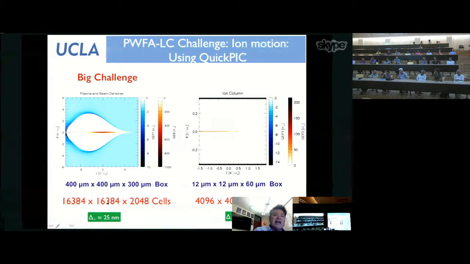Even that wasn't enough because the matched spot size of this trailing beam is 1,000 times smaller than the radius. So we then did simulations where we zeroed in on here. This is a cartoon of that. We blow up this region and we only simulate near where the beam is. This here illustrates the ion density. The ions have been pulled inward and this affects the focusing forces.